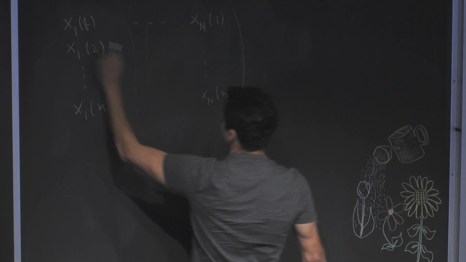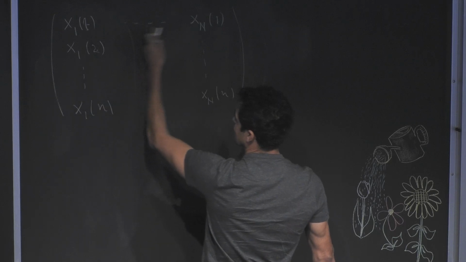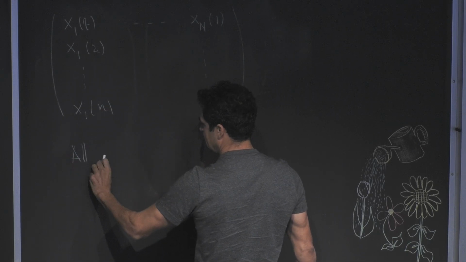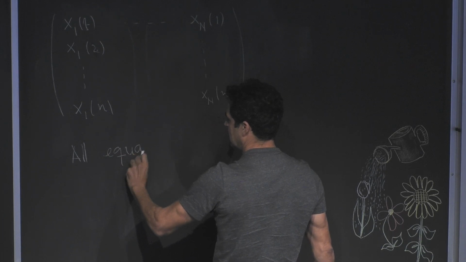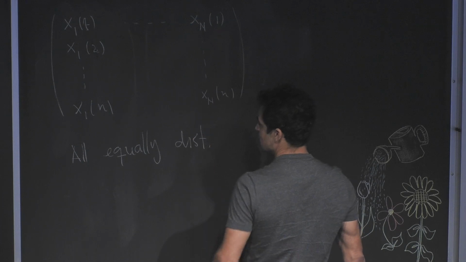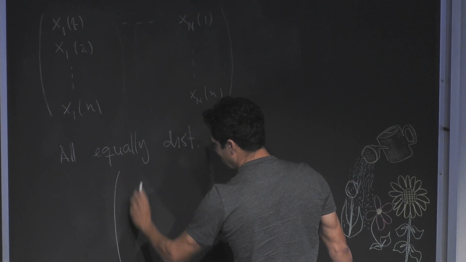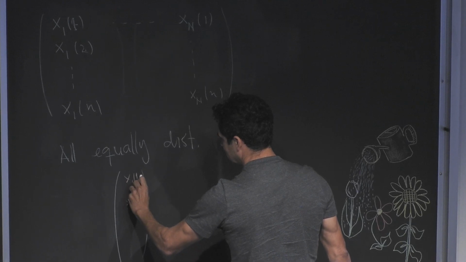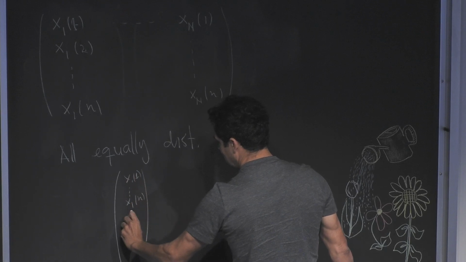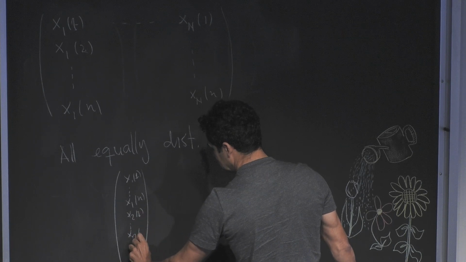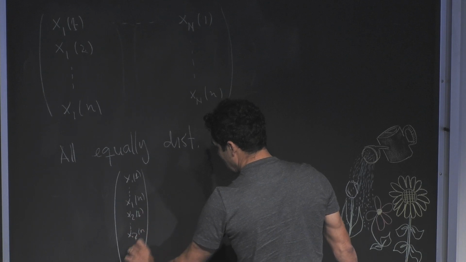So I have this matrix, but I would say that they are all equally distributed. So then actually I'll create a huge vector, x1 at time 1 through time n, and then x2 at time 1 through time n, and so on.